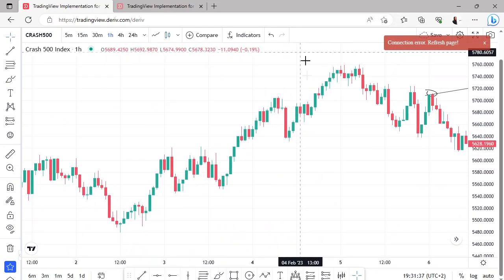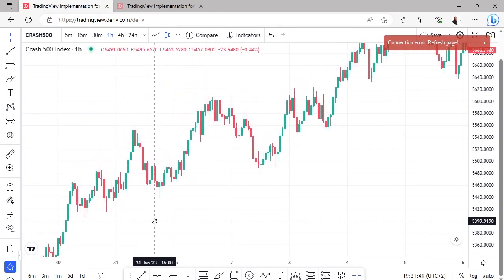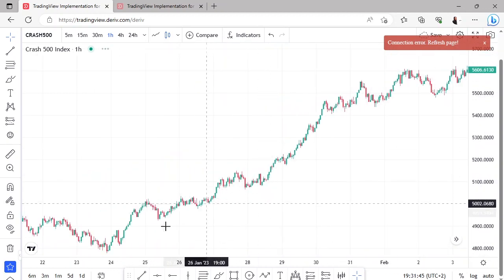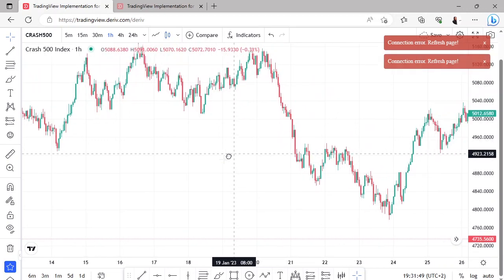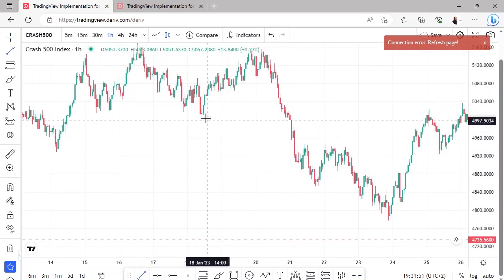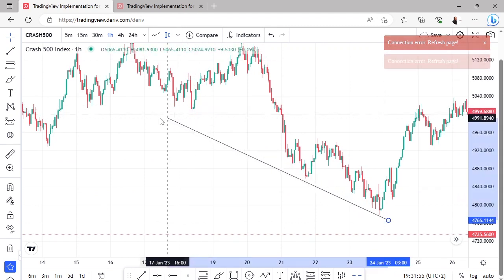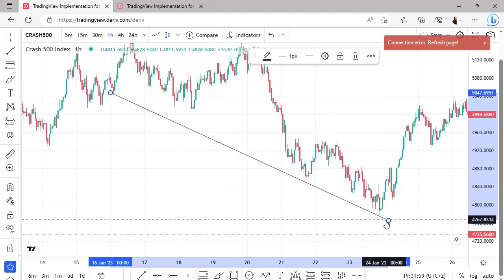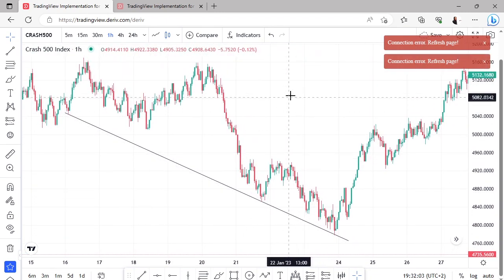Let me show you a support one, a diagonal support. Okay, let's say we have this. Then we want to see the market.